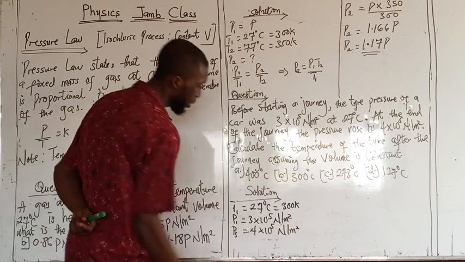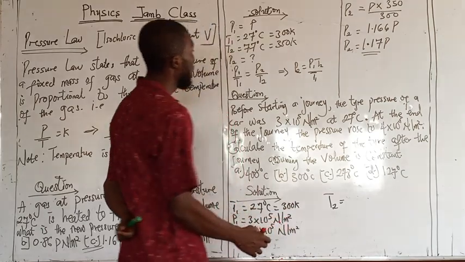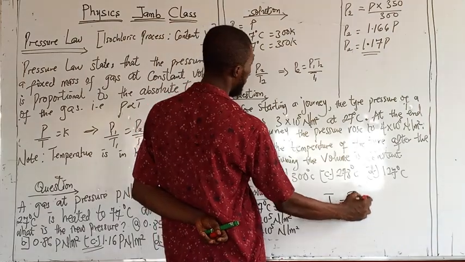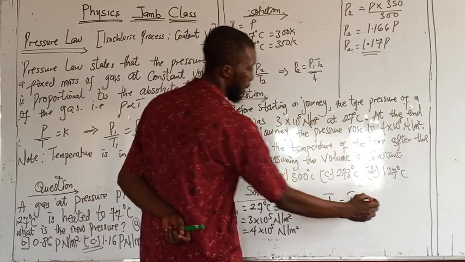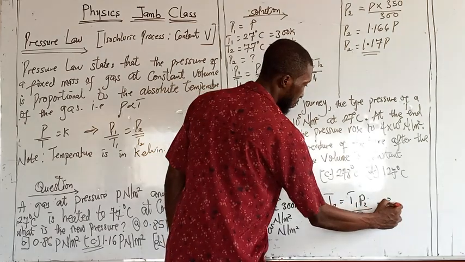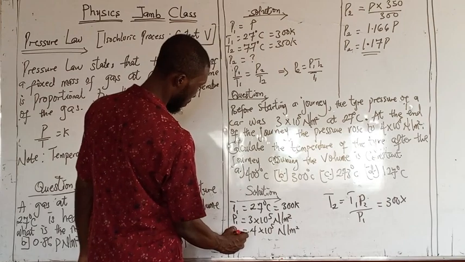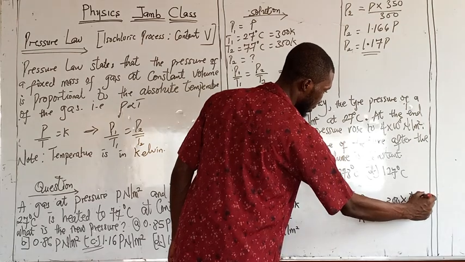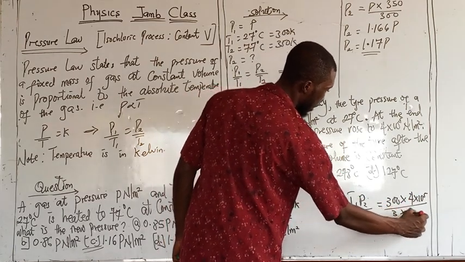Therefore, our T2, from this formula, will be equal to T1 P2 all over P1. If we cross multiply, T2 becomes 300 multiplied by P2, 4 exponential 5, all over P1, 3 exponential 5.